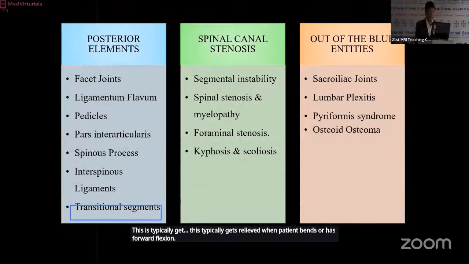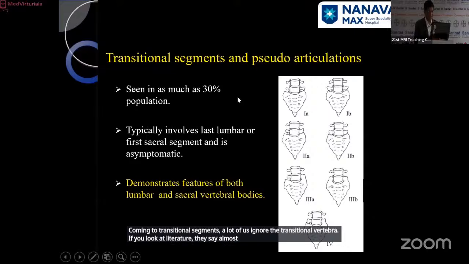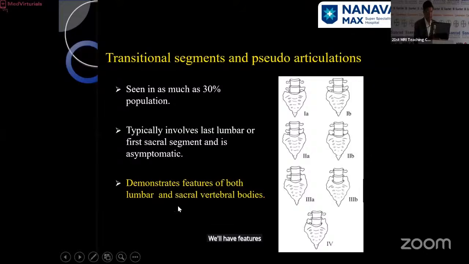Coming to transitional segments, a lot of us ignore the transitional vertebra. If you look at literature, they say almost 30% of the normal population will have transitional vertebra, which means typically this vertebra will have features of both lumbar and sacral vertebral bodies.